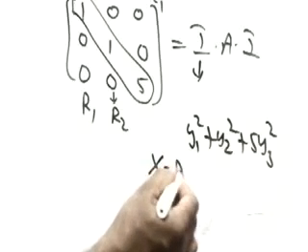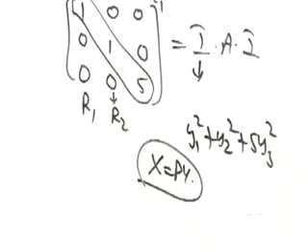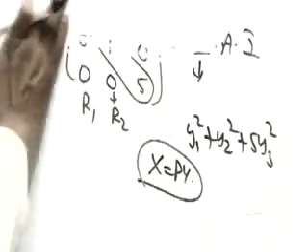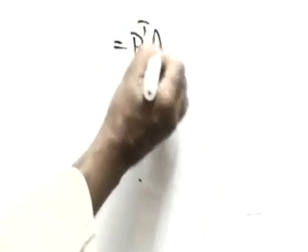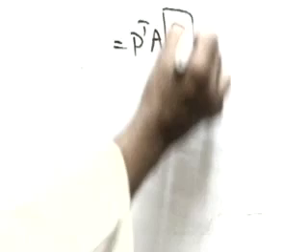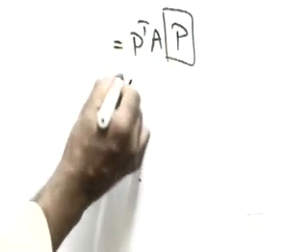Linear transformation: we say x equals P into y is the linear transformation. After changing this, A changes to P transpose into A into P. This is P and this will be P transpose.